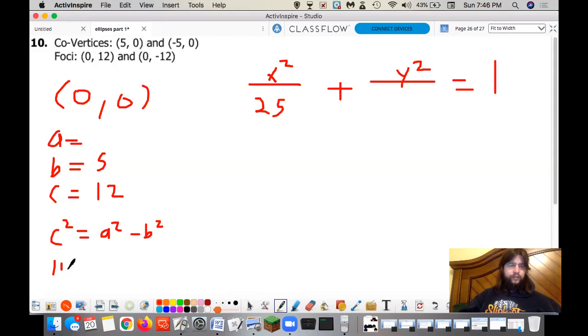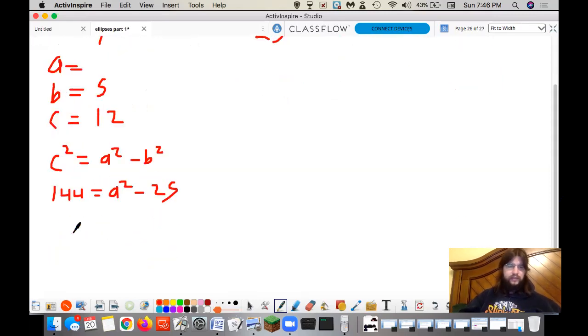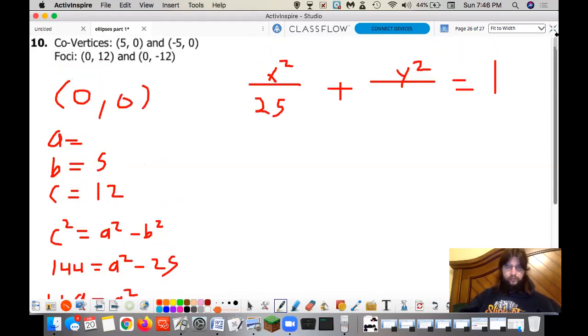So 144 equals A squared minus 25. 169 is A squared, so A is 13. Which means this is 169. Sorry.